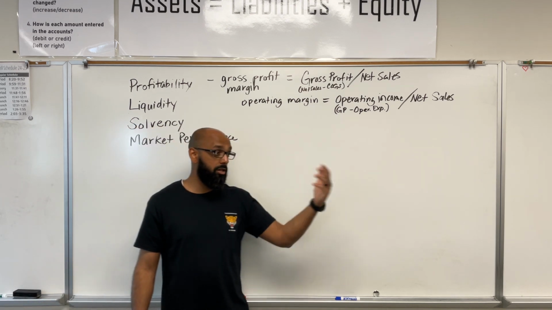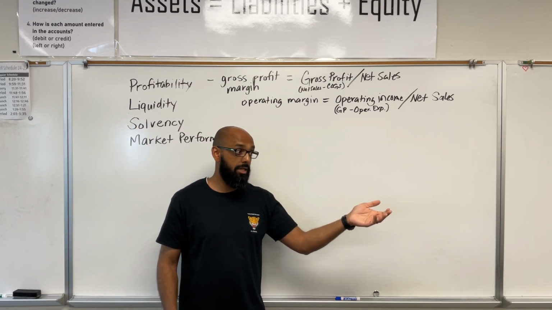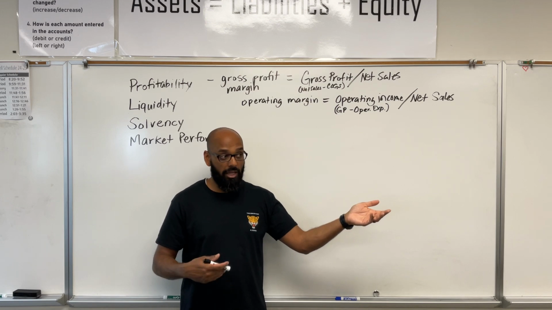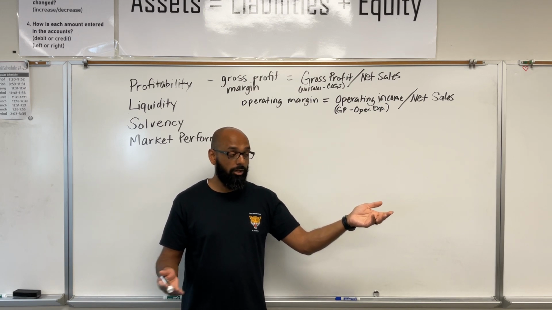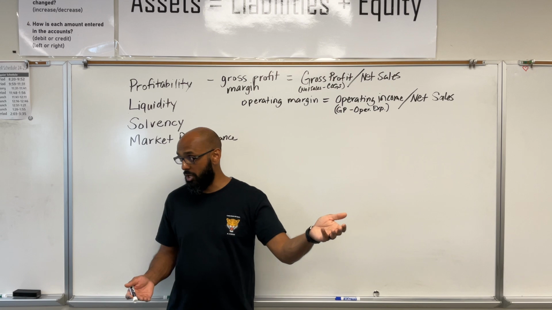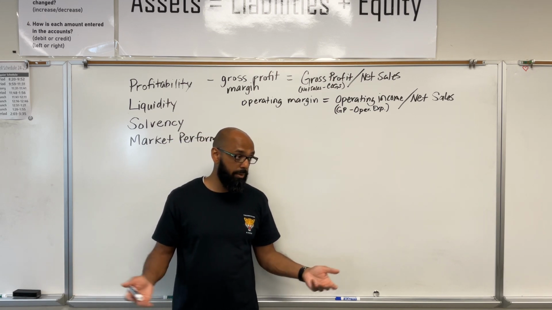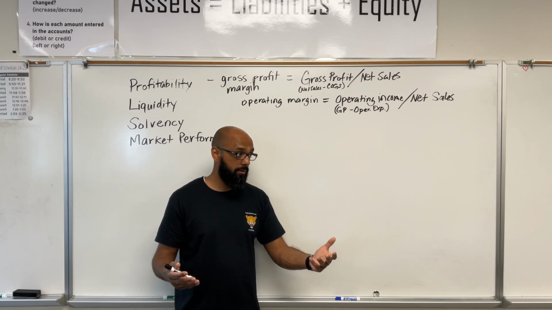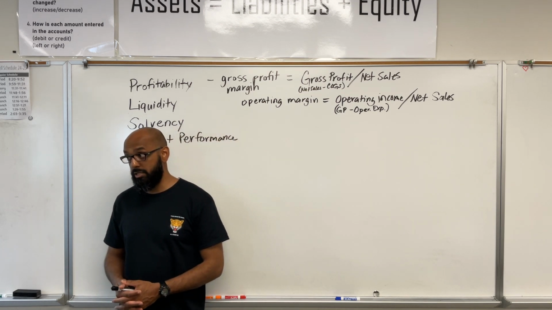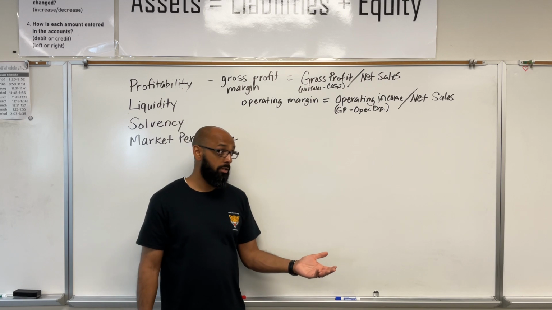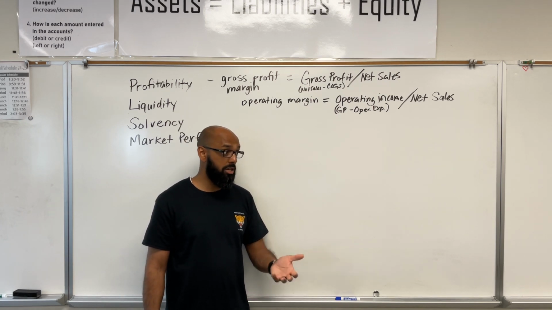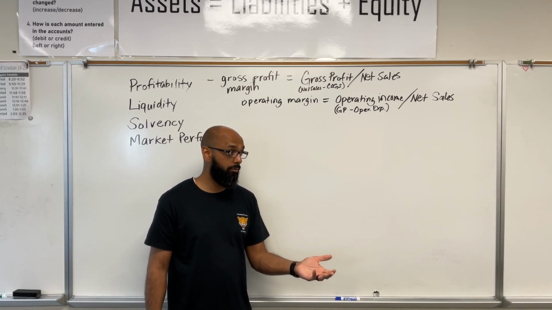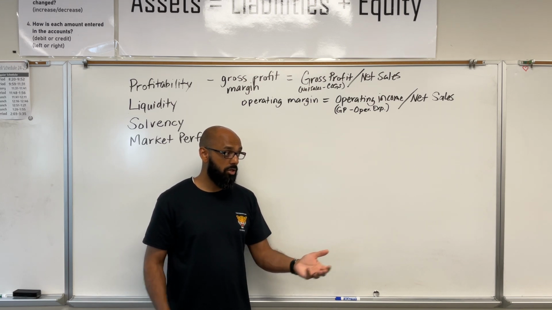If the industry standard is 50%, then that means that you're selling likely at a lower price than your competitors are, and maybe that's a good thing. Maybe that's your strategic move of undercutting your competitors, right? Or maybe that means that you're paying too much for your cost, and you need to lower your cost of producing or purchasing your inventory. And so you got to figure that out, right?